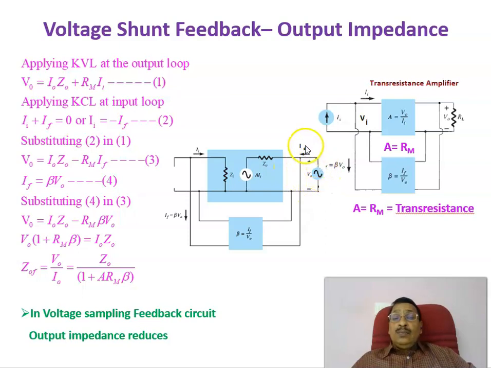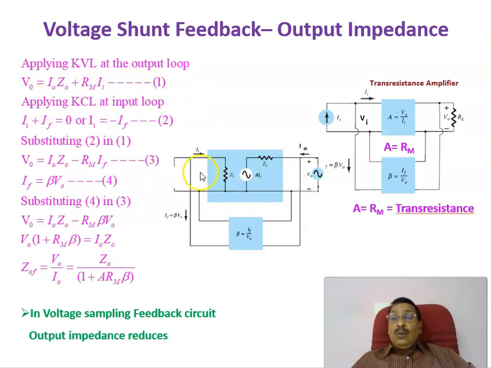V0 equal to the drop across Z0, I0 into Z0, plus this voltage, which is given by RM into II. That is the equation for Kirchhoff's voltage law to this output loop.